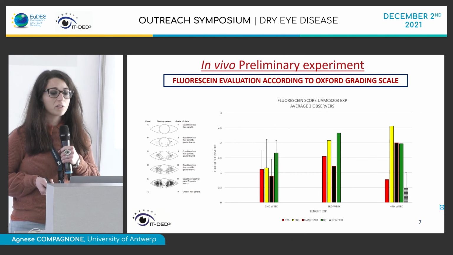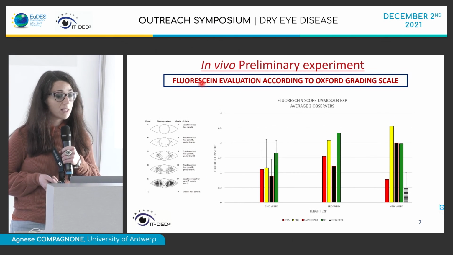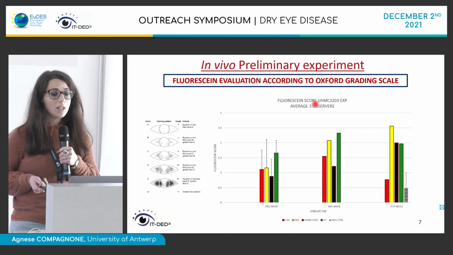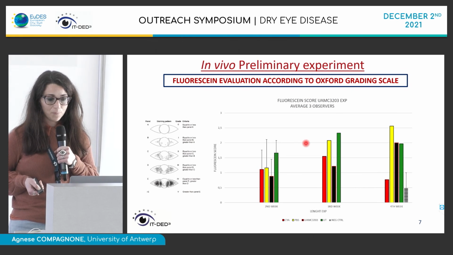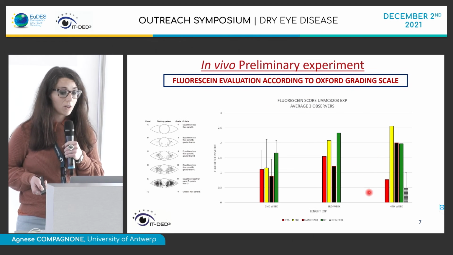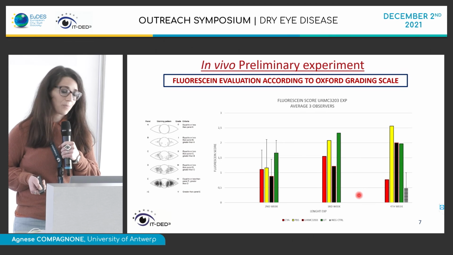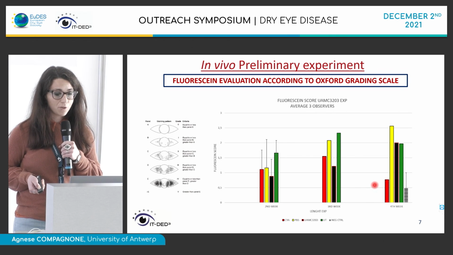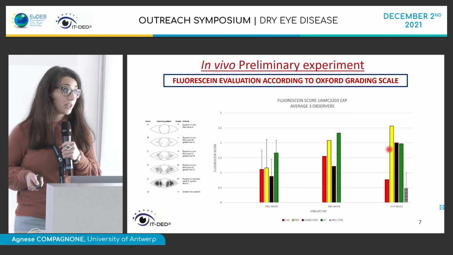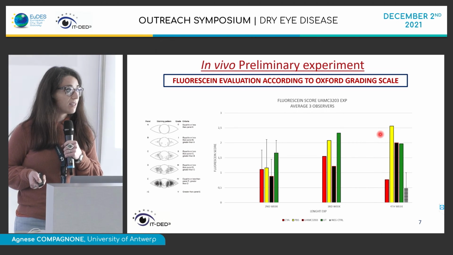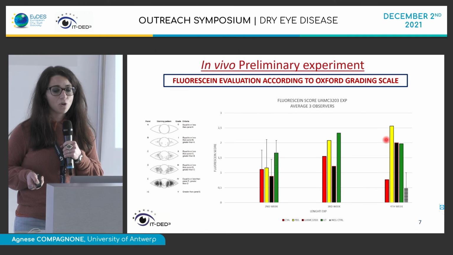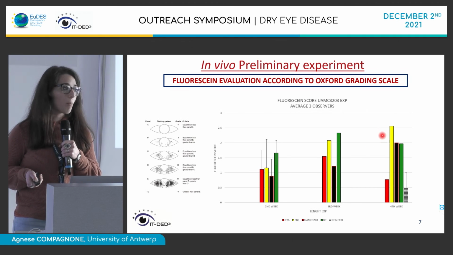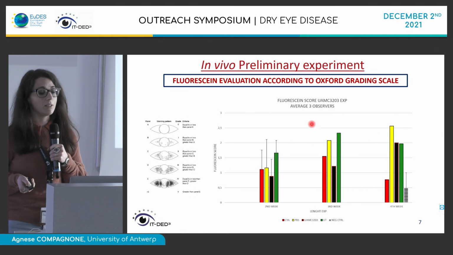Based on the fluorescein evaluation that was performed according to the Oxford grading scale, we can see that the cyclosporin always has an effect on the ocular surface compared to the carrier, which was PBS, because from the stability studies it was shown that the compound was stable in PBS.